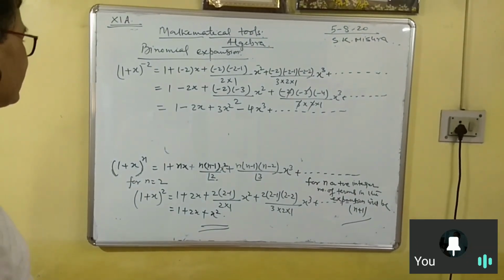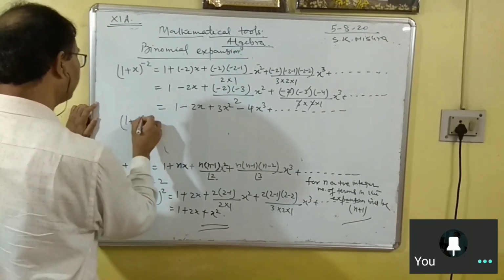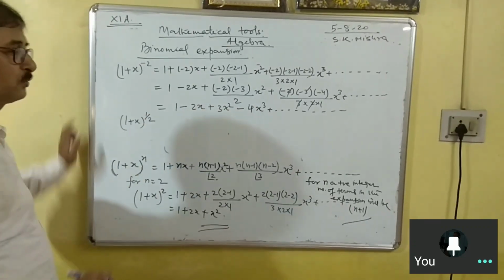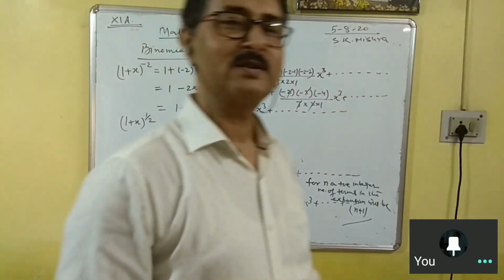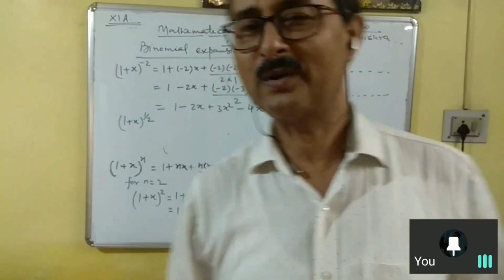Similarly, if I ask you to expand 1 plus x raised to minus 1 by 2 or plus 1 by 2, what can you do? So this is square root of 1 plus x, nothing more. You can't do anything.